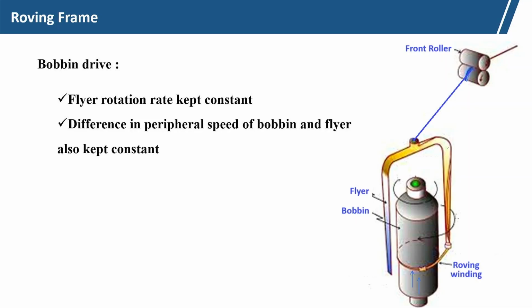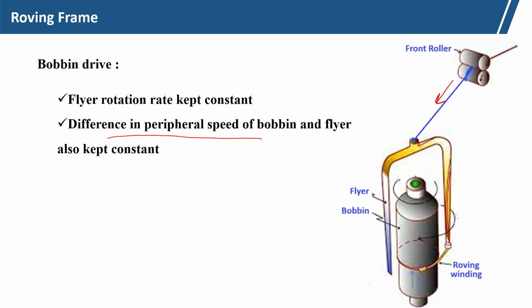This difference in peripheral speed of bobbin and flare is also kept constant, and here is where the complexity comes, because we have to keep this peripheral speed difference constant just to maintain the delivery speed, but at the same time the problem is that bobbin diameter changes.